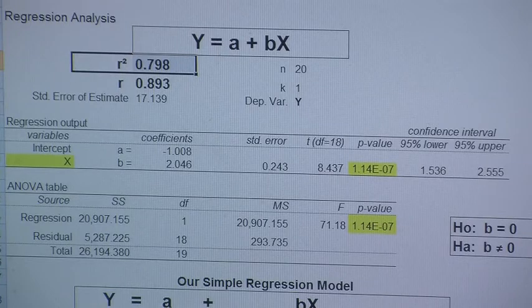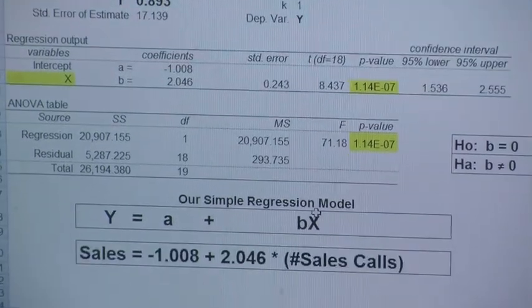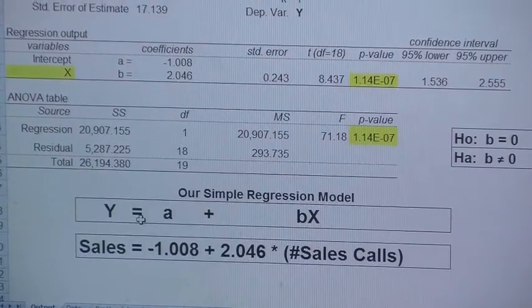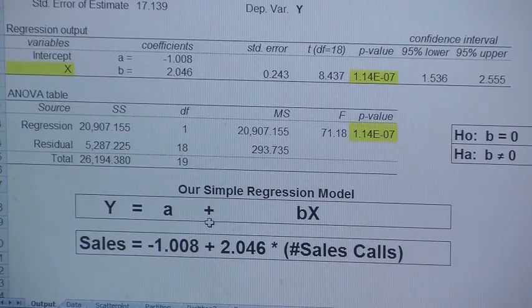Now, remember, I'm going to move your eye down here to this portion of the screen now. Our simple regression model, as we've talked, is y equals a plus b times x. I now begin to use the output from Megastat to fill in what's A, what's B. So here our dependent variable Y is dollars of sales that a salesperson would generate.